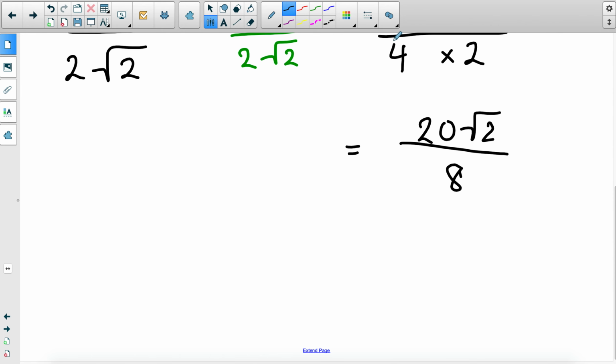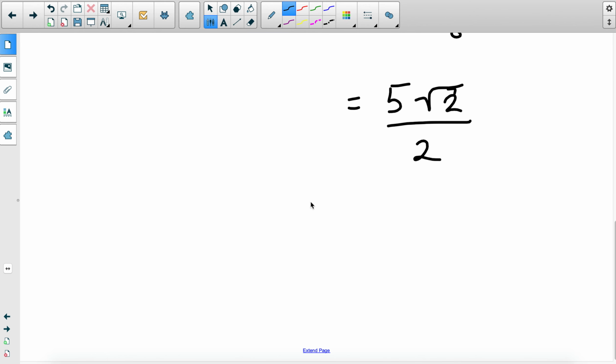I could have simplified it a step ahead, but I just need to show you this. You might end up with this number. Remember, you should simplify it, and it should simplify to 5 square root of 2 over 2. So this is the final answer. I can't simplify any further.